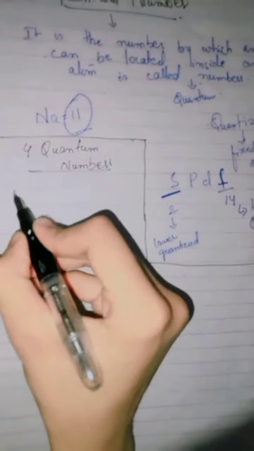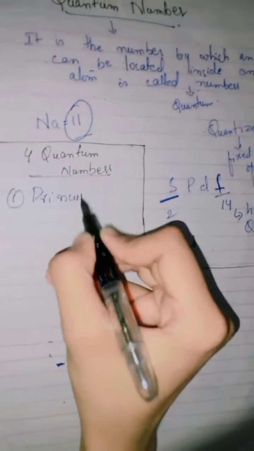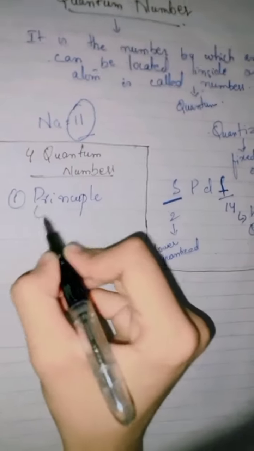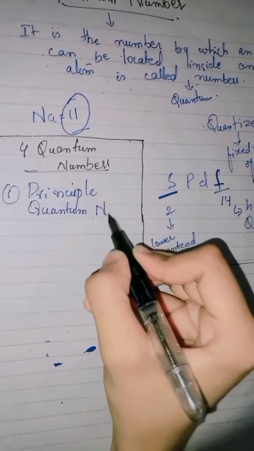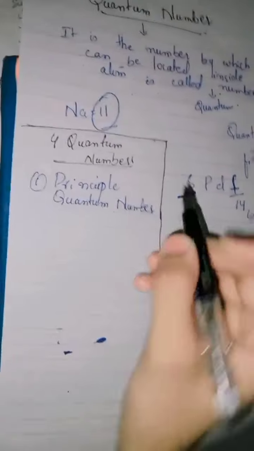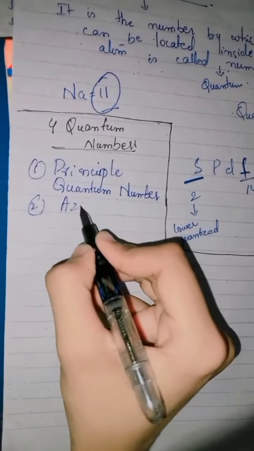First one we have the principal quantum number. Second one we have the azimuthal quantum number.